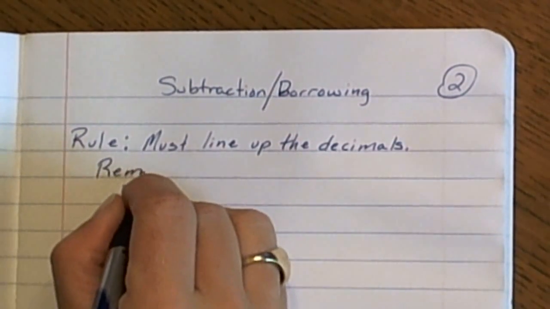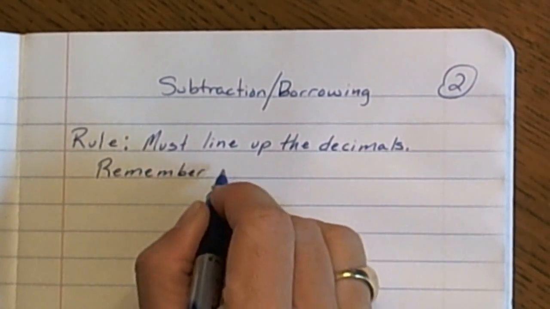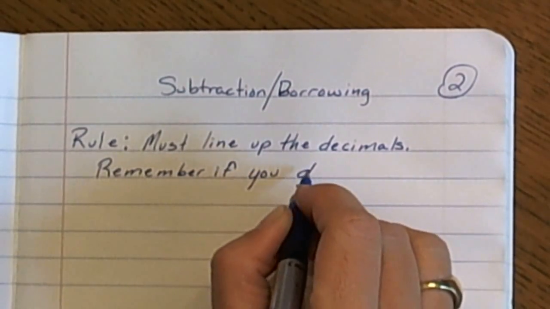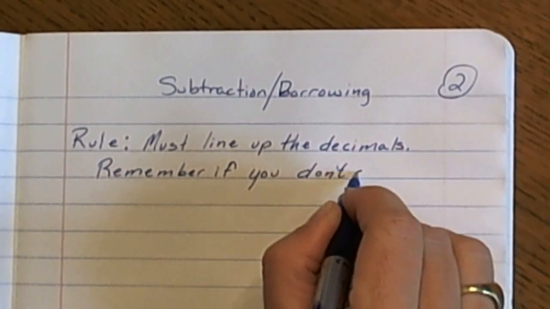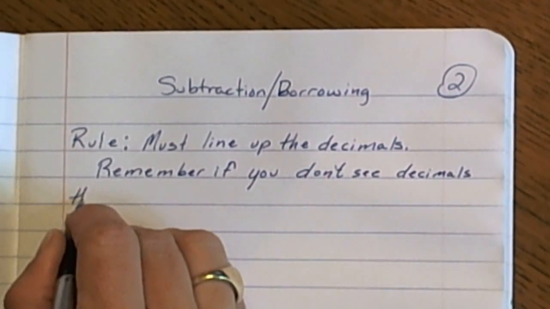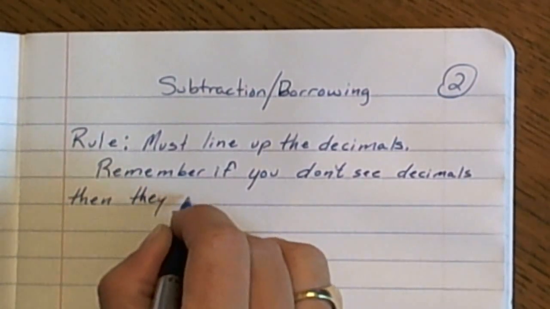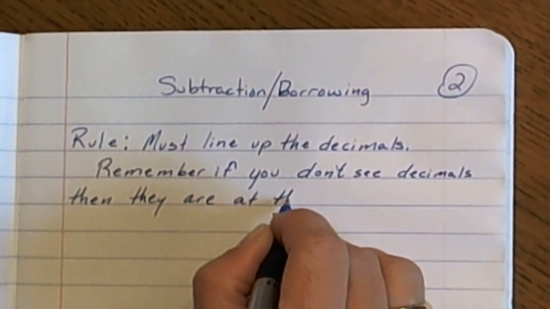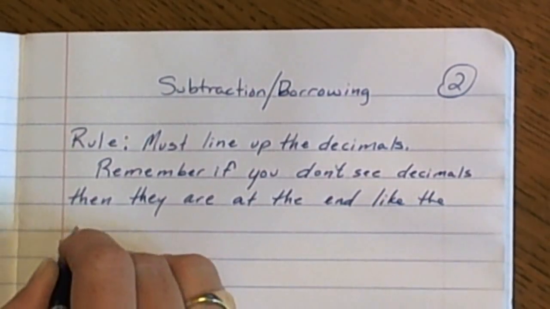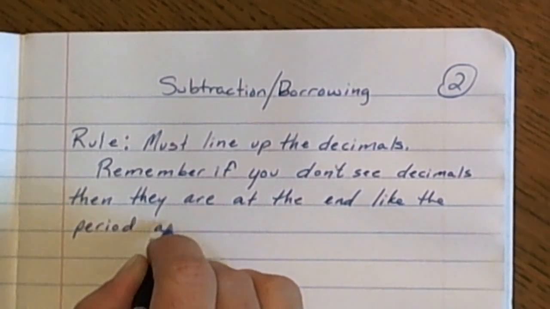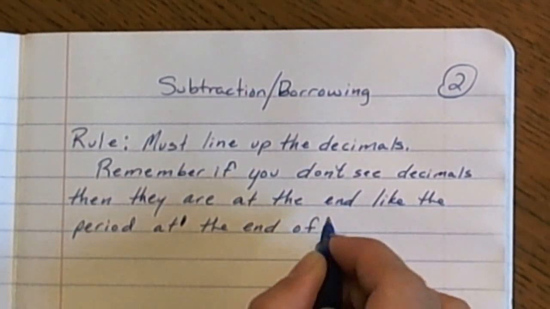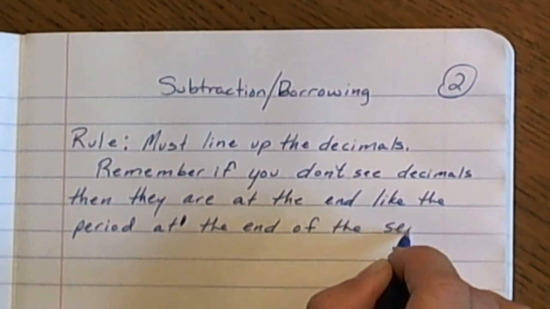Remember, if you don't see decimals, then they are at the end, like the period at the end of the sentence.